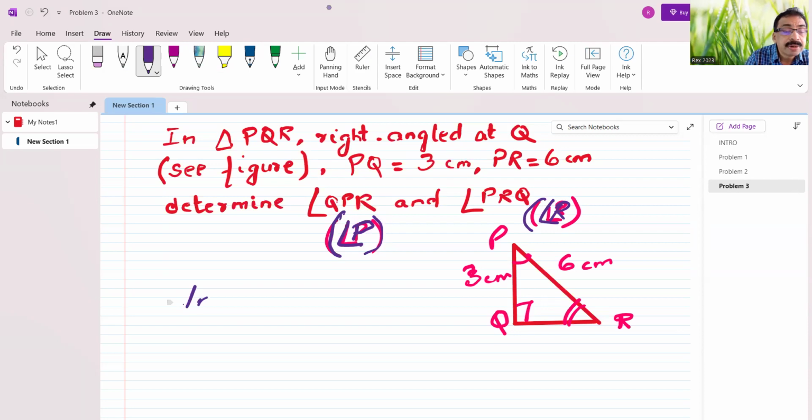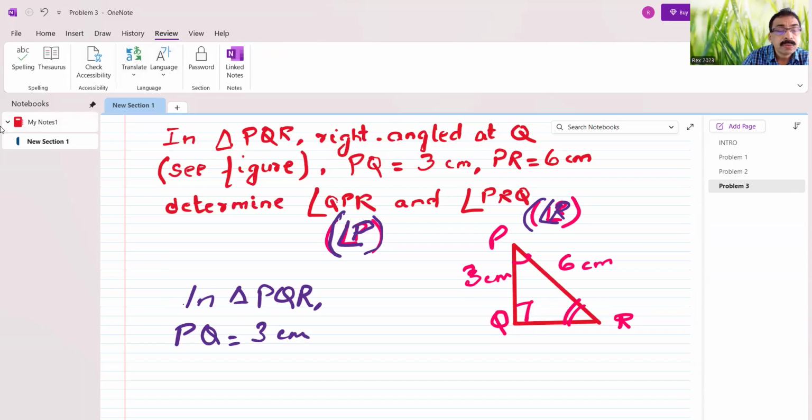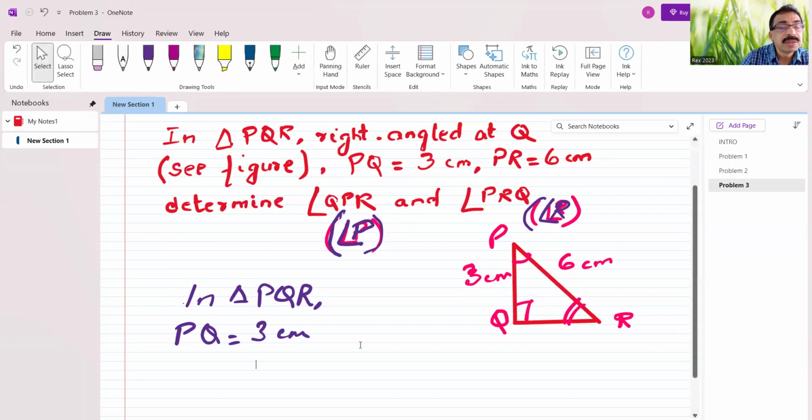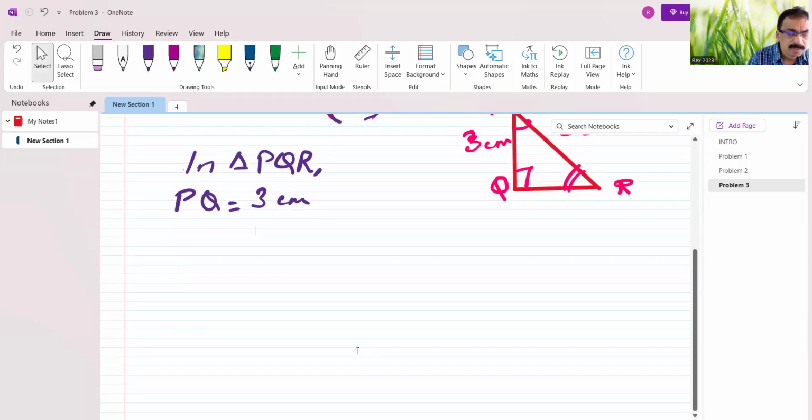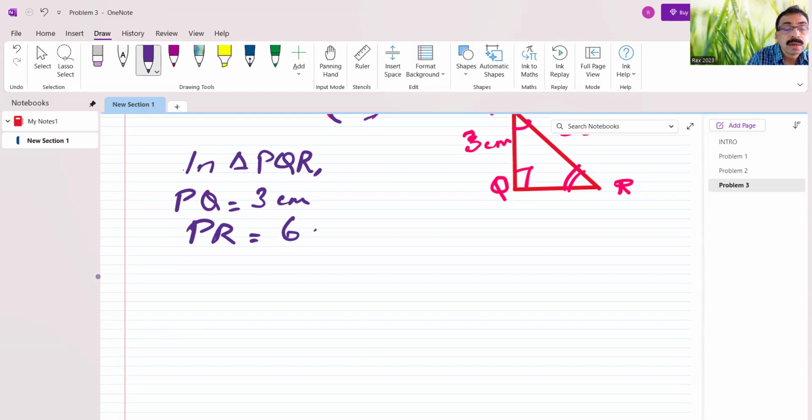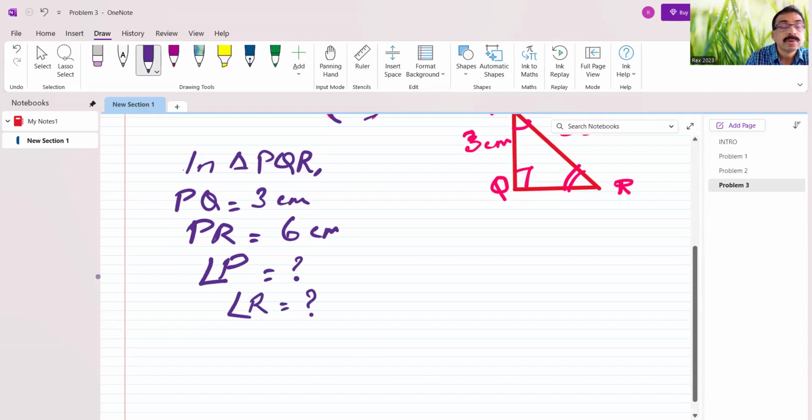So what is given? In triangle PQR, we are given PQ is equal to 3 centimeters, PR is equal to 6 centimeters, and we have to find out angle P and angle R. Two sides given, you need to find two angles.